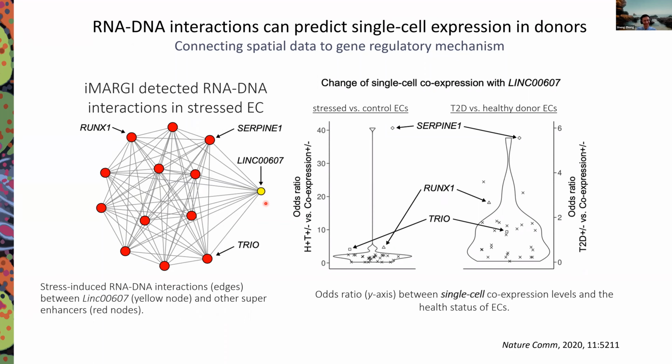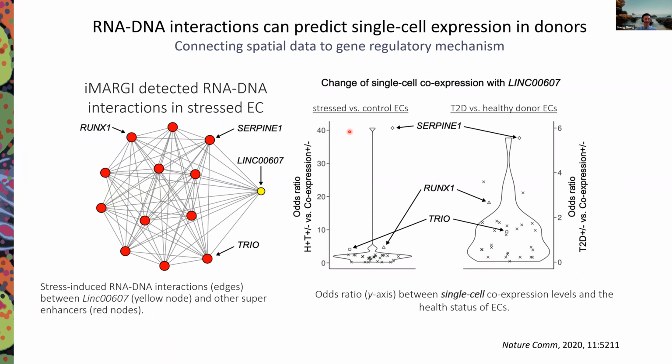The reviewer suggested that if indeed this lncRNA can activate these target genes from different chromosomes, what you expect to see is that in the deteriorating blood vessel, more and more single cells would co-express this lncRNA and its target gene. And it turned out it's indeed the case.